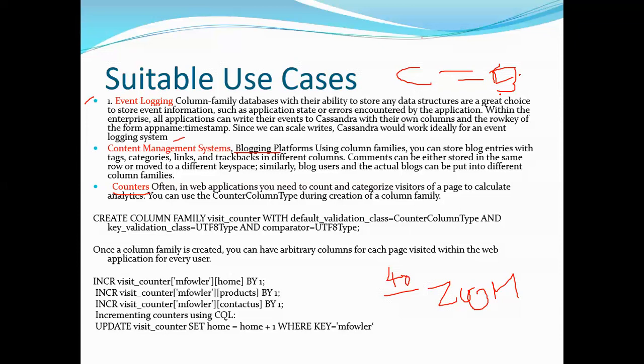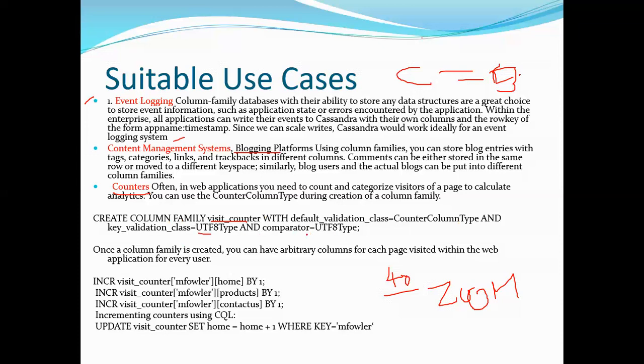So in order to create a column family database in Cassandra, we have different kinds of syntaxes. Create column family visit counter. Here visit counter is a column family with the default validation class, key validation class and comparator class.